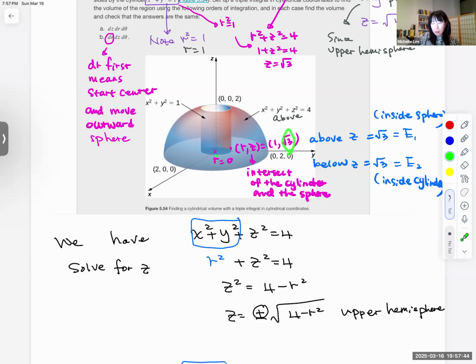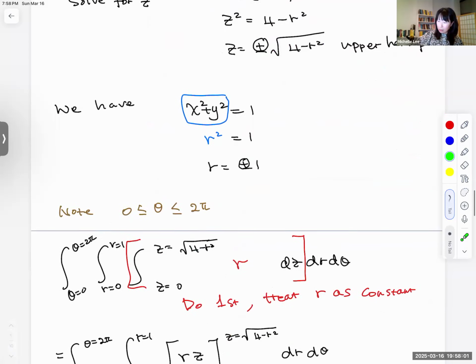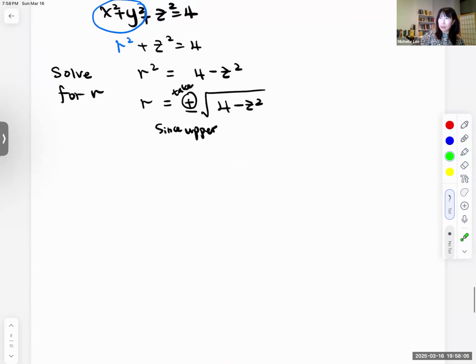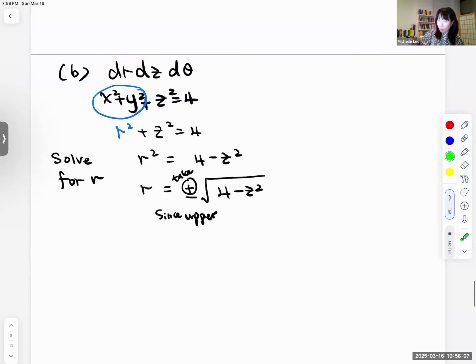Make sense? And then theta, the angle theta starts at the positive x-axis and goes one rotation, which is 2 pi, right? Okay, let's set up that way.